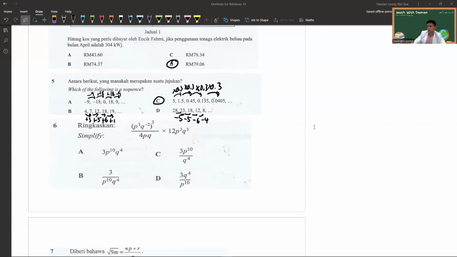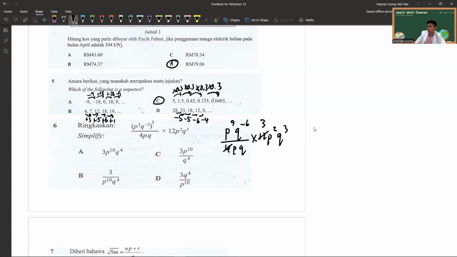Simplify this. These are indices. So when I simplify index, when there's a bracket, open up the bracket first. So power everything inside. So p to the power of 9. Power on top of power, they'll multiply. Q to the power of -2 power 3 means -2 times 3, -6, over 4pq times 12p square q cubed. 4 and 12, I can cut, left with 3.